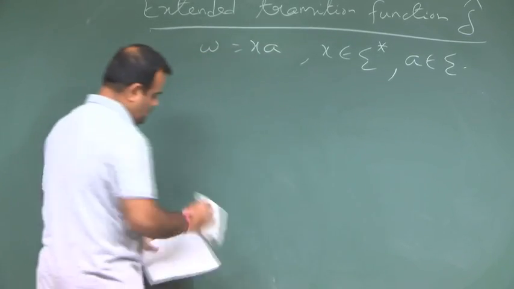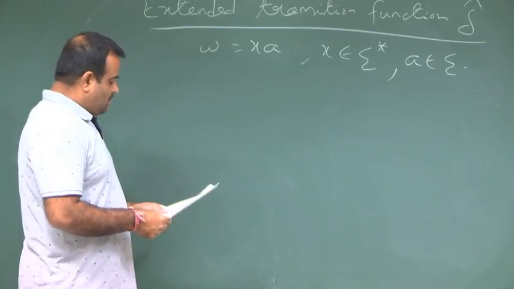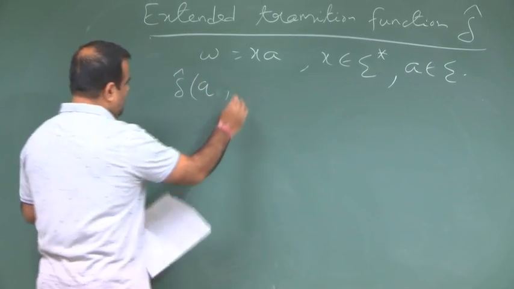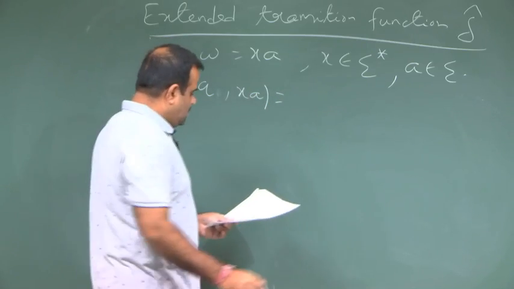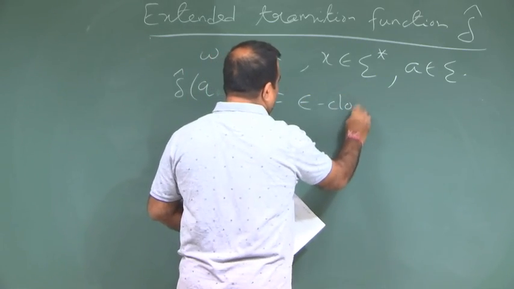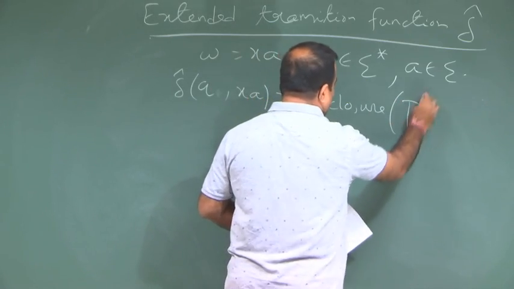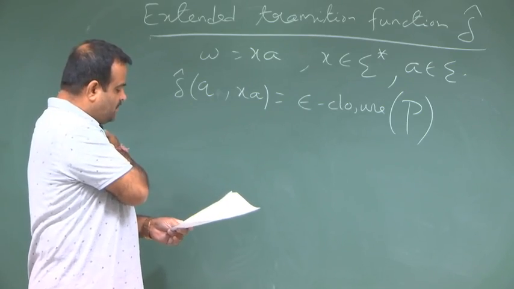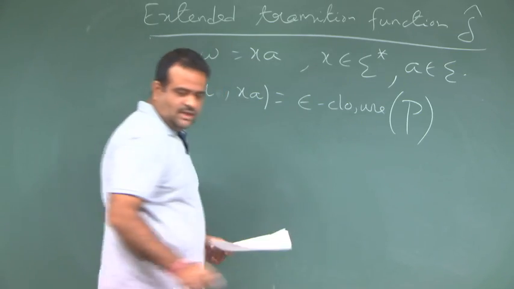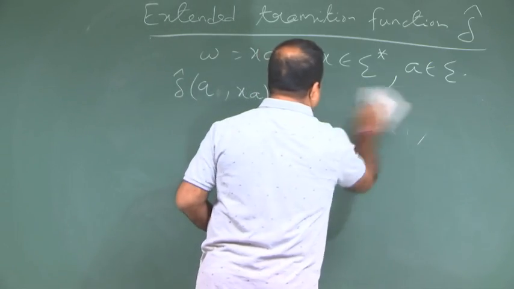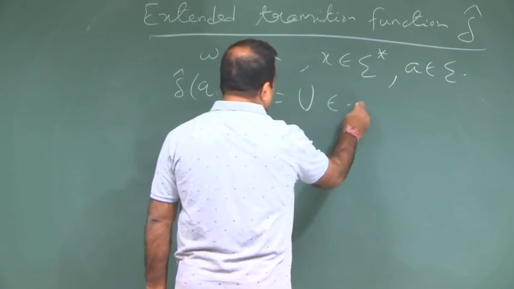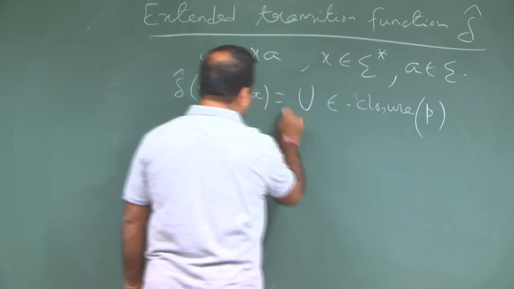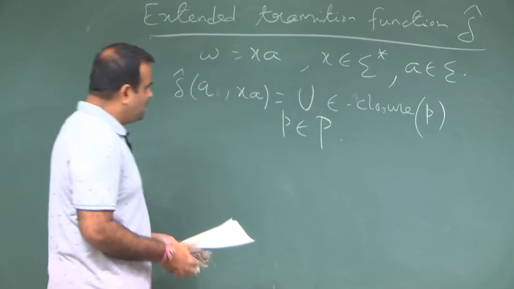So let me write this formally. We are defining delta hat of q comma x a, which is nothing but the epsilon closure of the set P. The epsilon closure of a set P is the union of the epsilon closure of p, where p belongs to capital P. So what is capital P?